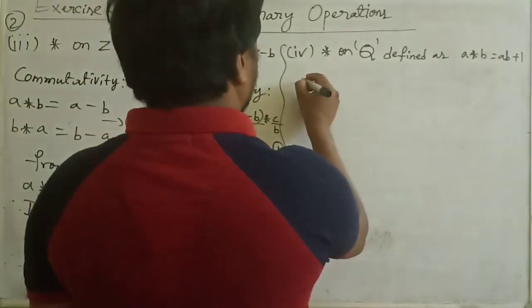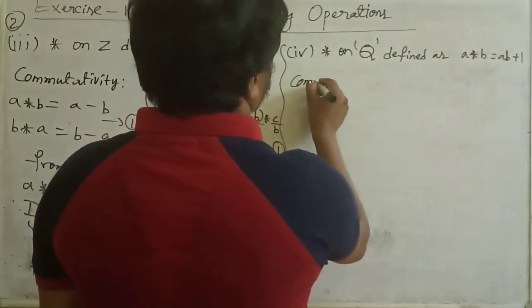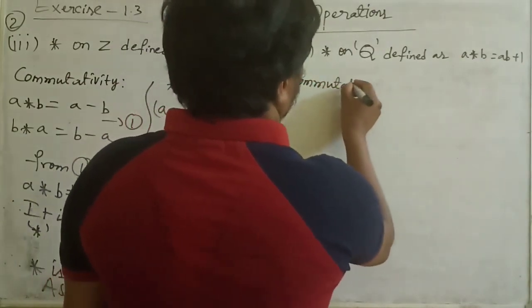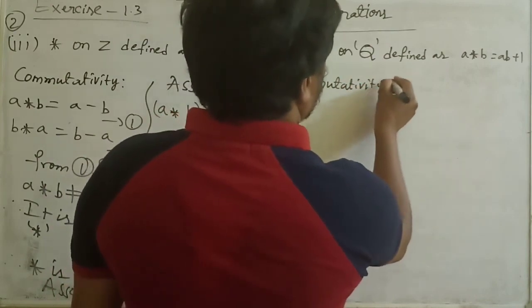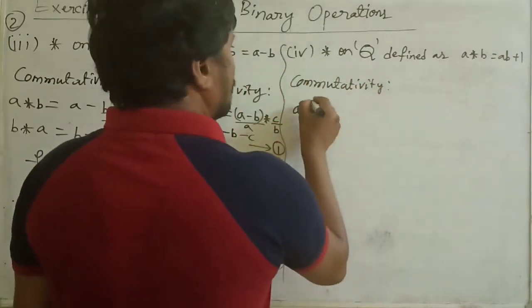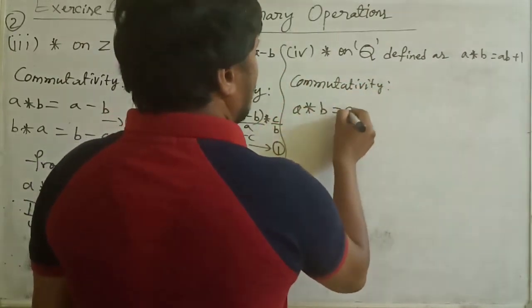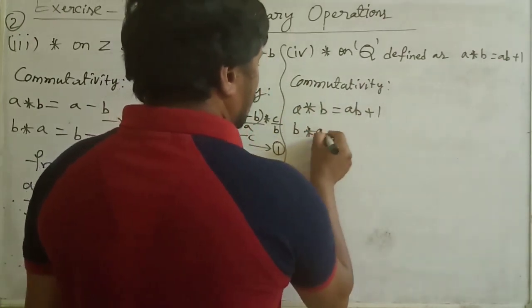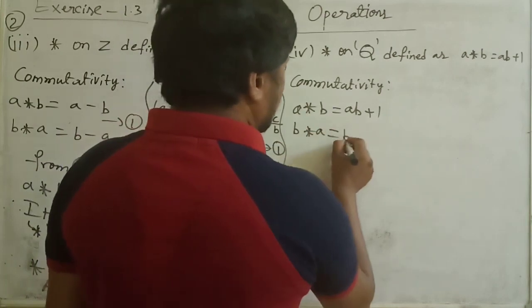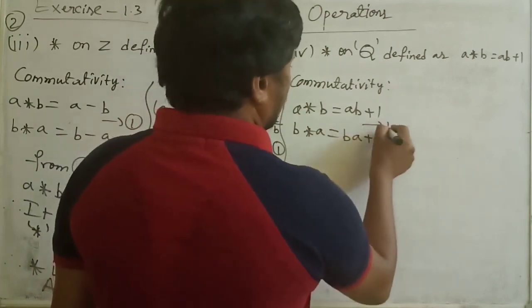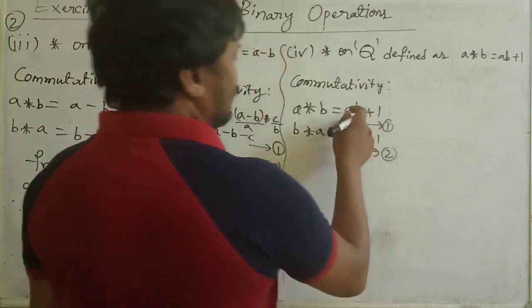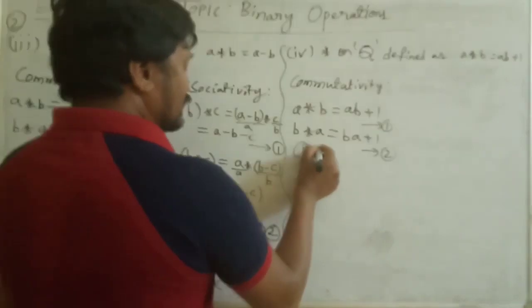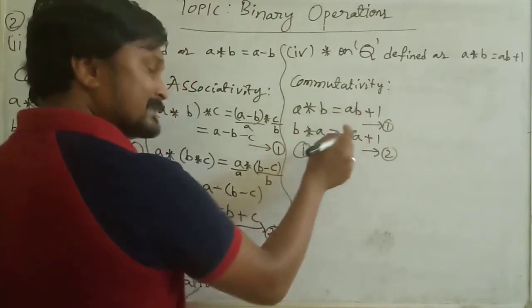Let me check your commutativity again. First A star B is AB plus 1, then B star A also becomes BA plus 1, that is 1 and 2. AB or BA both are equal, so 1 and 2 are the same.